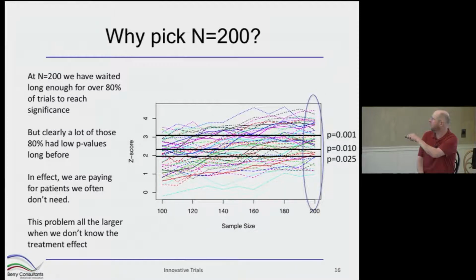When I say I have 83% power, 83% of the lines are in the significance region above 0.025, and another 17% are below. And what I'm doing when I choose a sample size of 200 is I'm waiting for that to occur. I'm waiting long enough for all of these laggards, and I'm not taking advantage of the fact that most of the trials have been significant for a long time before I got to look.